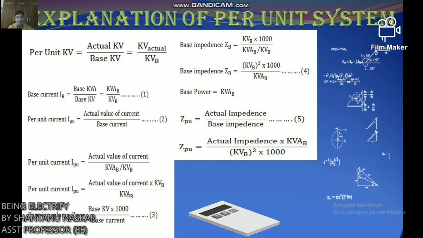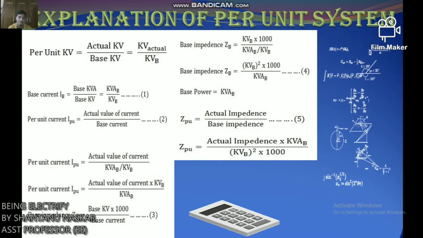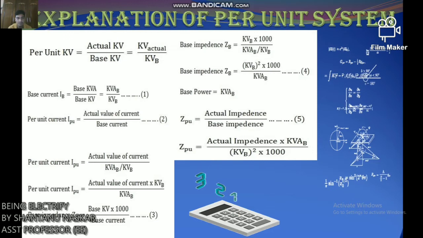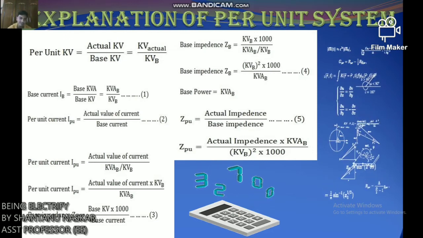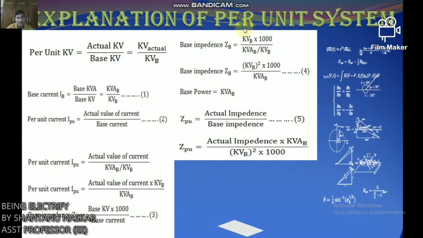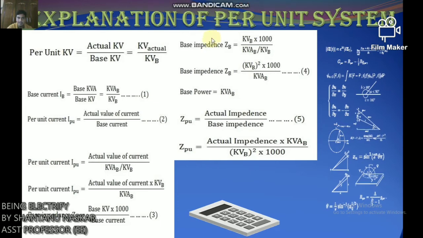It relieves the analysis of the need to refer circuit quantities to one or the other side of the transformer, making the calculation easy. That's all about the per unit system of single phase transformer.